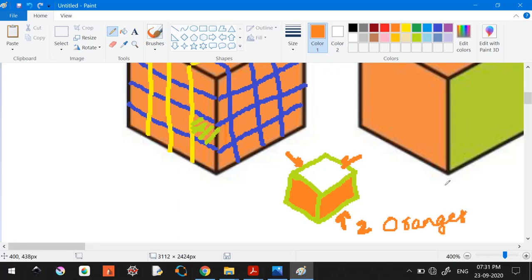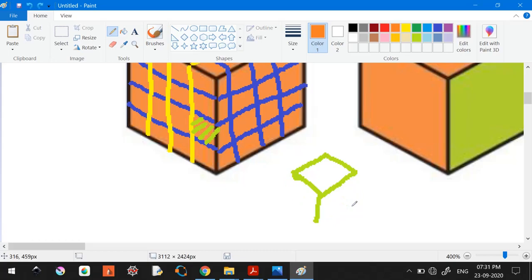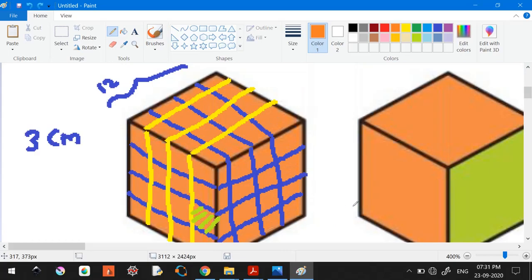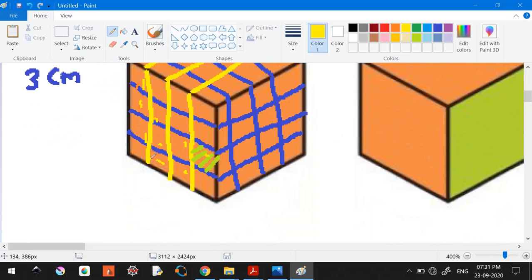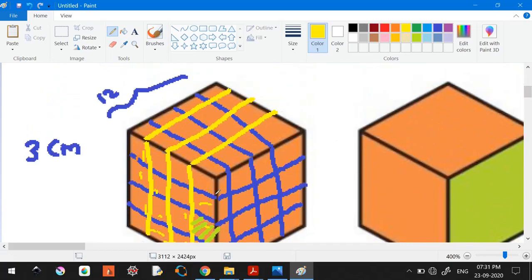So whatever cubes have 2 surfaces as orange are not going to be helpful for us, which means whatever cubes are visible here, these are not going to help us. I should not mark here because the bottom is yellow. These are all not going to help me, right?